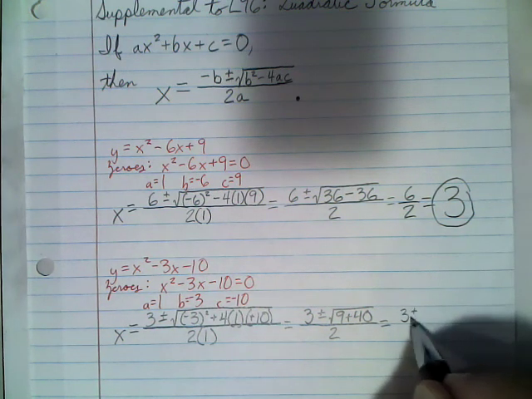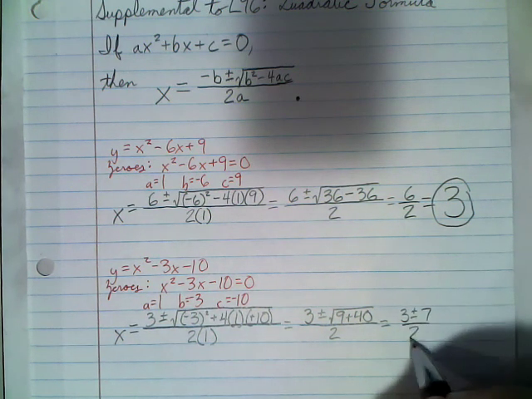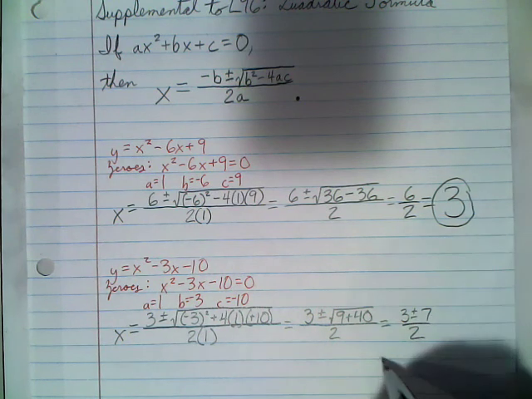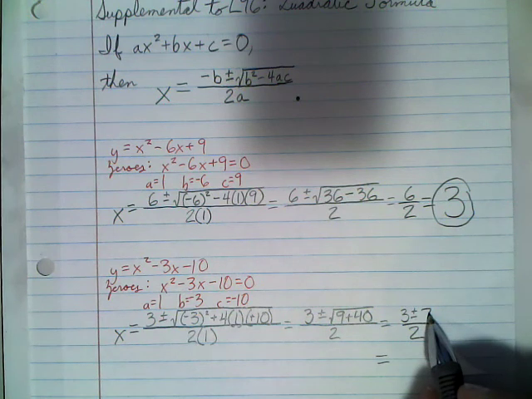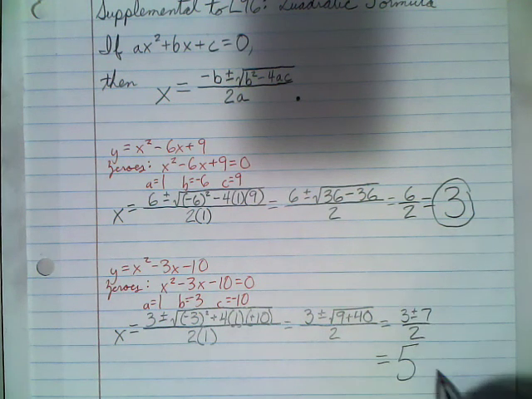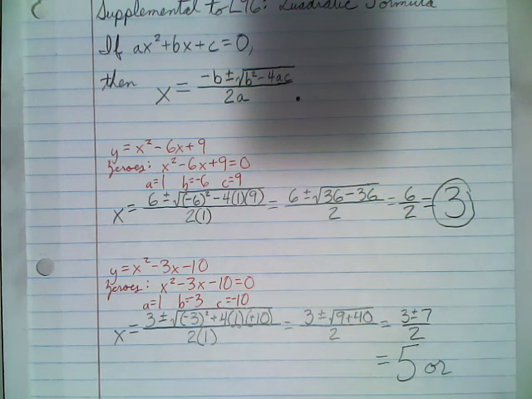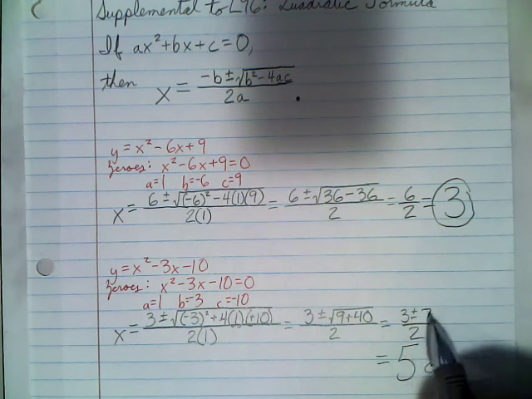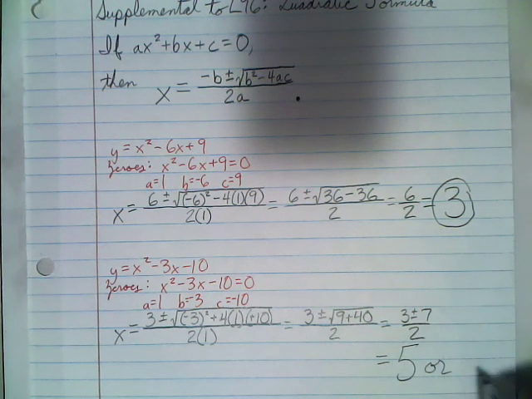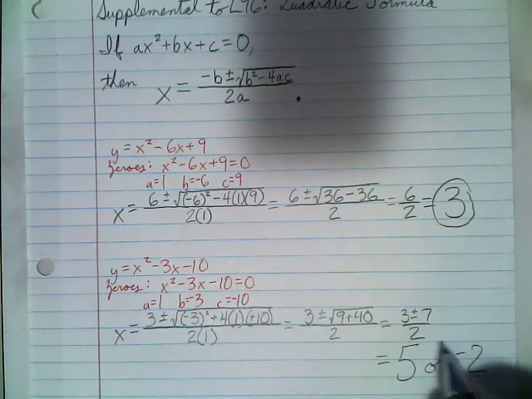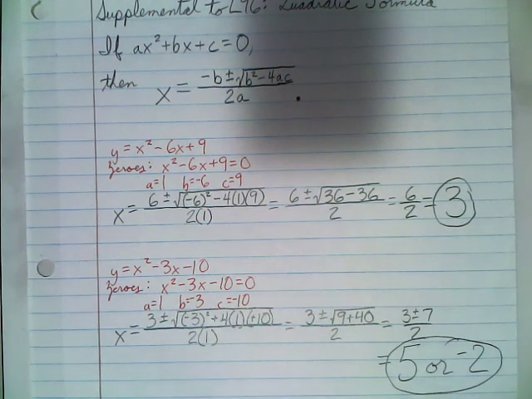So this is 3 plus or minus 7 all over 2. So therefore, the zeros are at, well, 3 plus 7 is 10, divided by 2 would be 5. So x equals 5. Or x equals, well, 3 minus 7 would be a negative 4, divided by 2 would be a negative 2. So my zeros are at 5 or negative 2. So we've got 2 zeros that time.